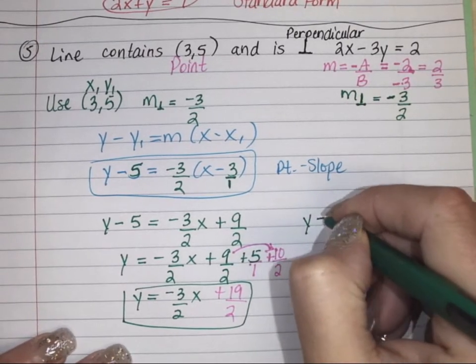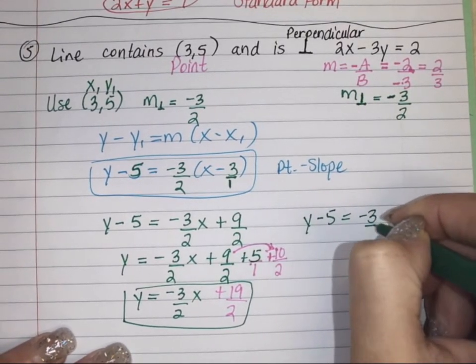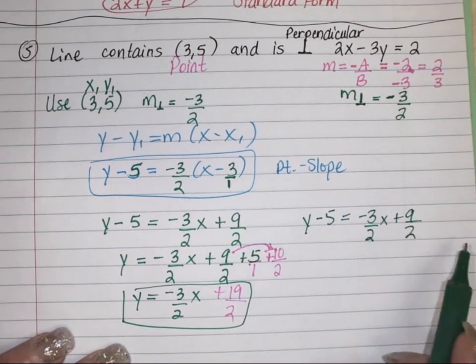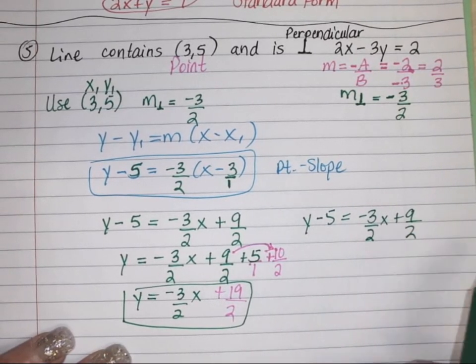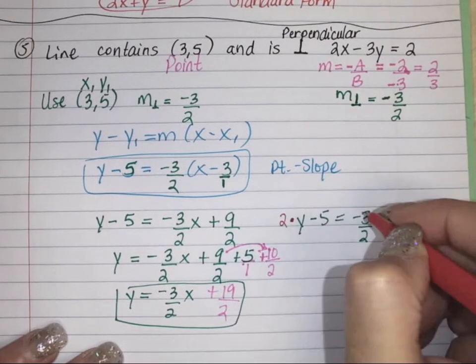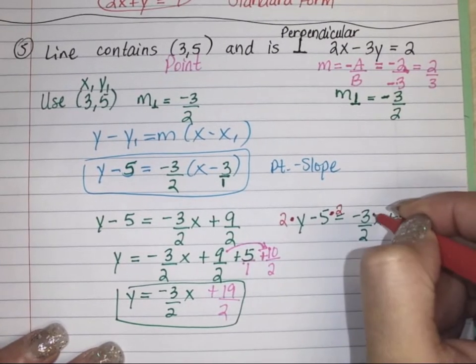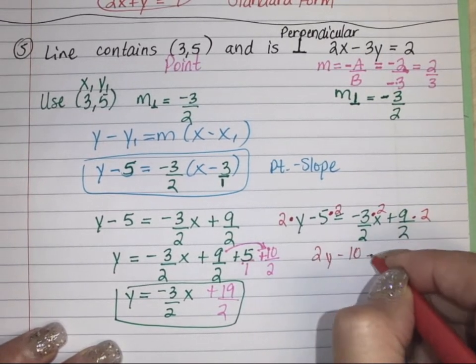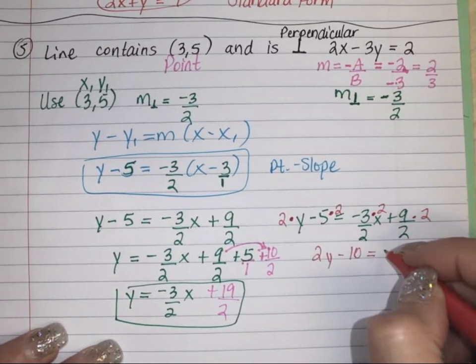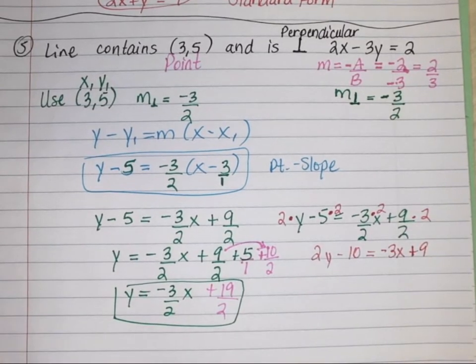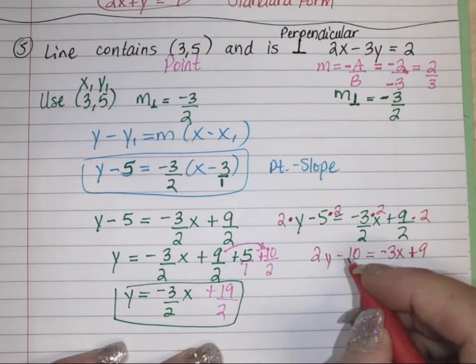I'll show you how. Remember, if you go through and multiply by the denominator, notice that your denominators are 2. So go through and multiply everything by 2, and that will give you 2y minus 10 equals negative 3x plus 9.